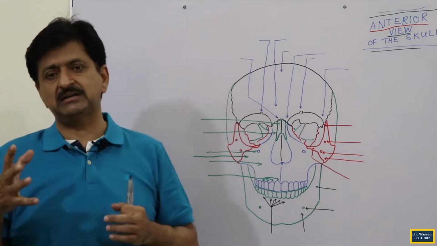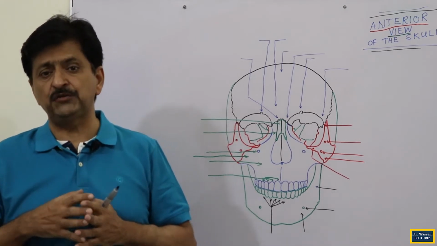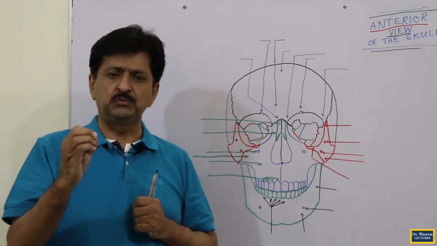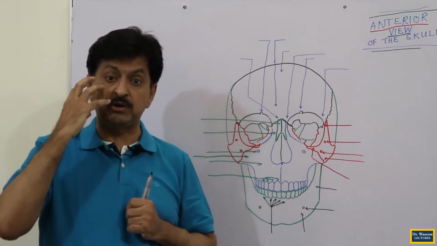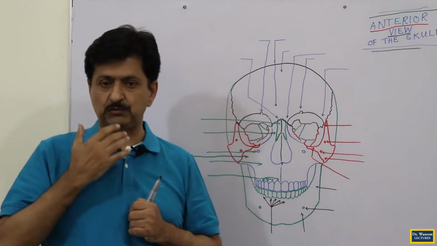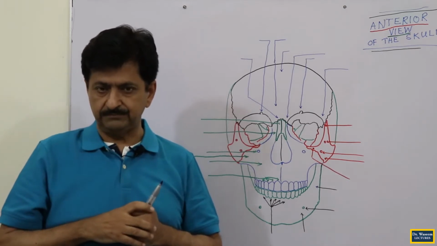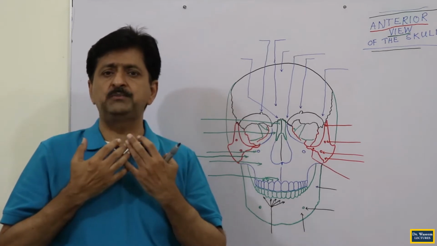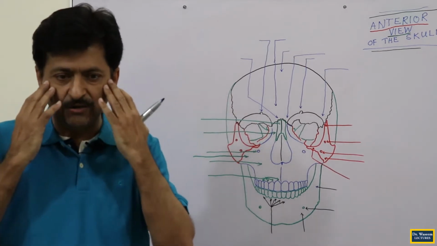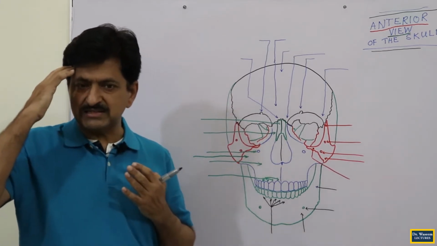Assume that we have 7 big viscera in your head and neck. In your head, which contains the face and the calvaria, scalp and the face. From the outer surface you say it is a face and it is scalp.